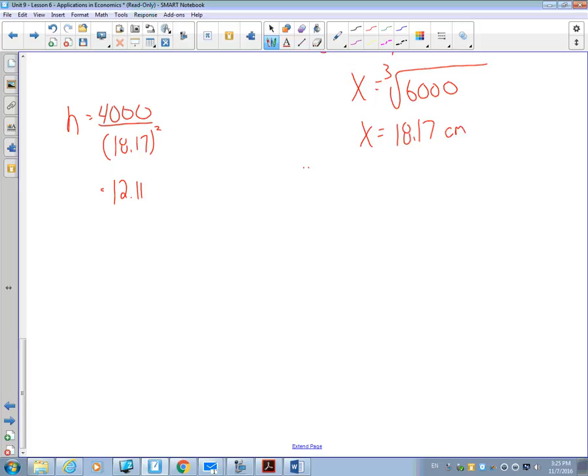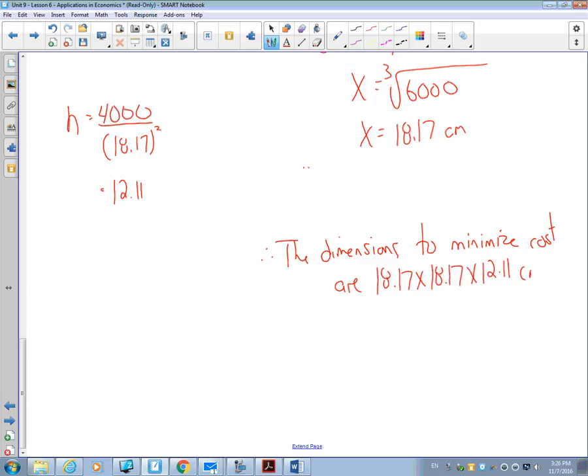Okay, so therefore, the dimensions to minimize cost are 18.17 for your base, so it's 18.17 a square, right? And the height of 12.11 centimeters.